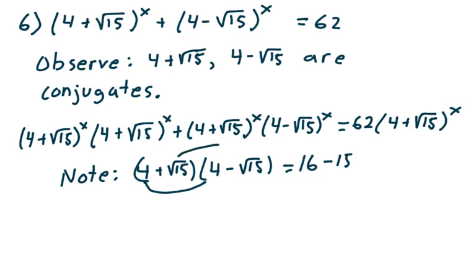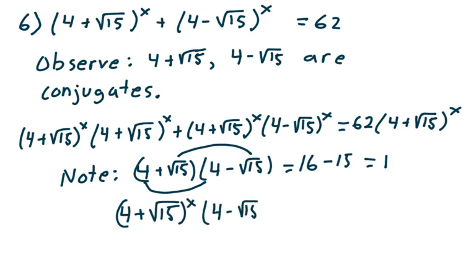So square root of 15 times square root of 15 is 15. So you get 16 minus 15, which is equal to 1. And so 4 plus square root of 15 to the x times 4 minus square root of 15 to the x is equal to 1 as well, I claim.